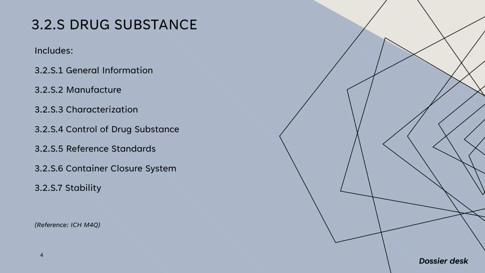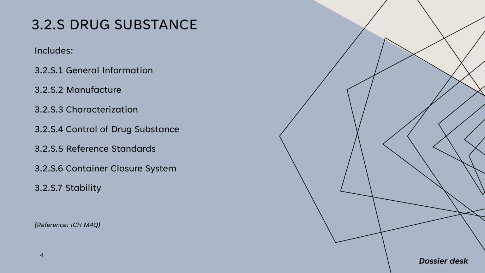Section 3.2.S.2 describes the manufacturing process, manufacturers involved, flow diagrams, and process controls. This section should align with principles outlined in ICH Q7 for GMP guidelines of APIs.